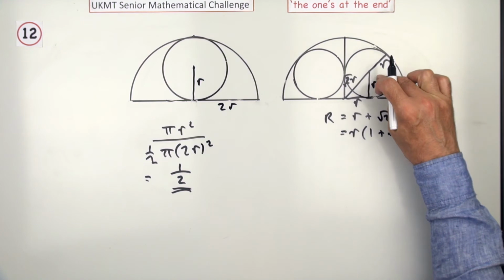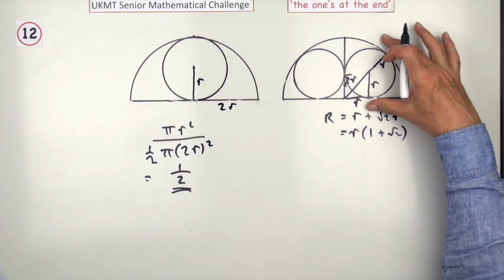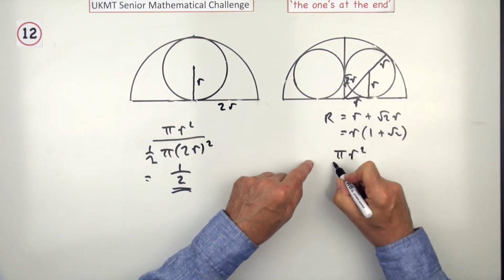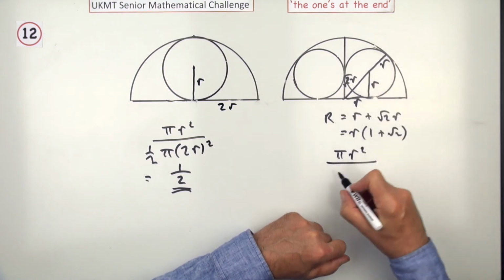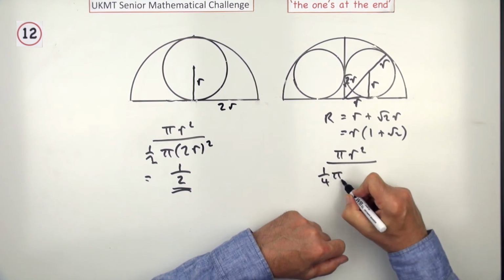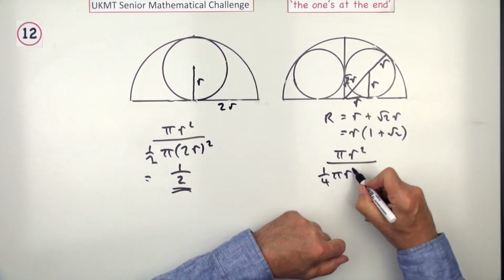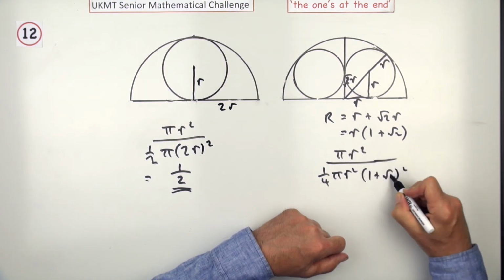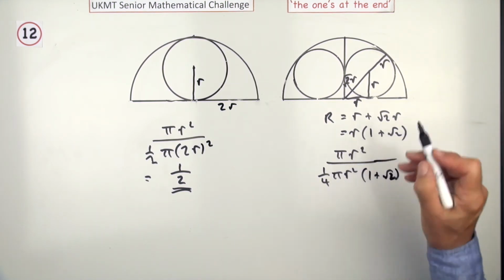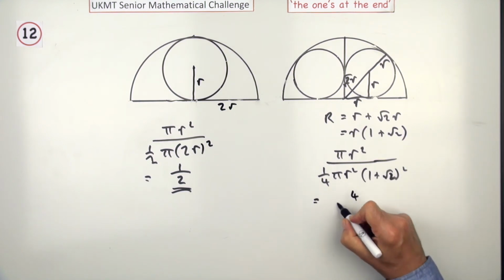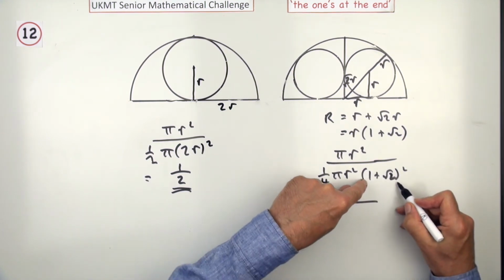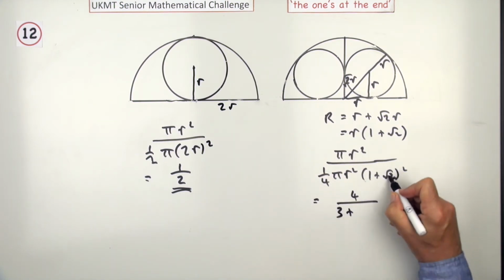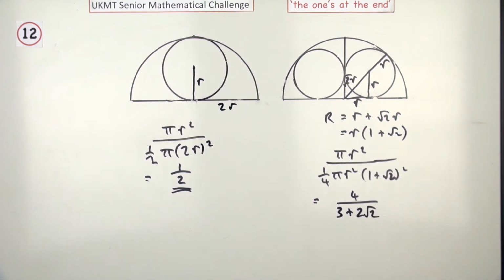So what fraction does a circle take up from a quarter circle? Well, the area of this circle is obviously pi r squared. The area of the larger one is just a quarter circle now, so it's a quarter of pi times this squared, which will be r squared times 1 plus root 2 squared. Well, those parts cancel, the 4 can go to the top, so that's 4 over, and squaring this would be square the first is 1, square the second is 2, so that's 3, plus twice the product, so there's the fraction.